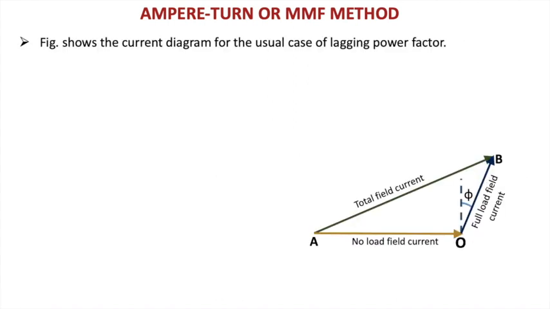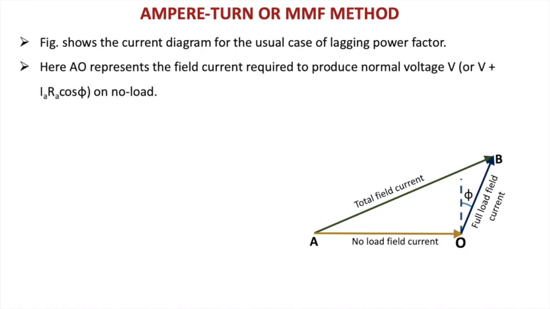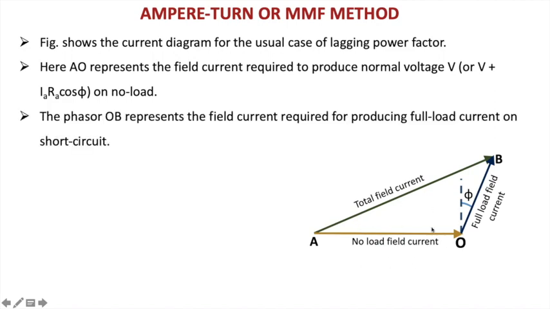So now we'll come to the actual current diagram. Now the usual case is the lagging power factor. That's the reason we have taken phi as lagging over here. So AO represents the field current to produce the normal voltage V at no load.